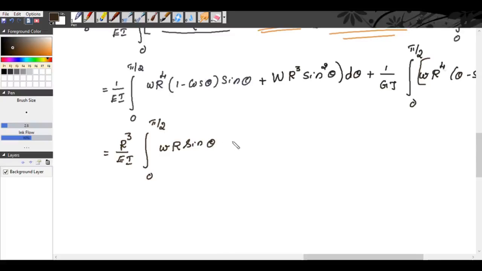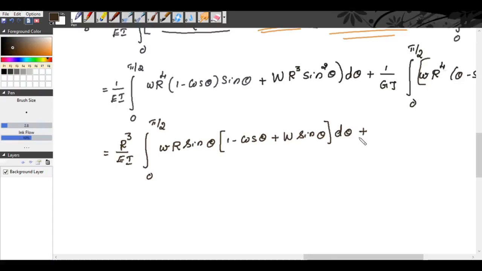So we get 1 minus cos theta plus W sin theta into d theta.